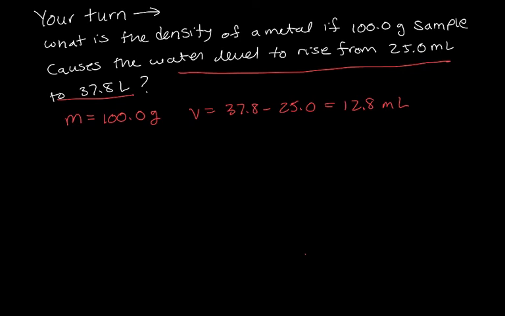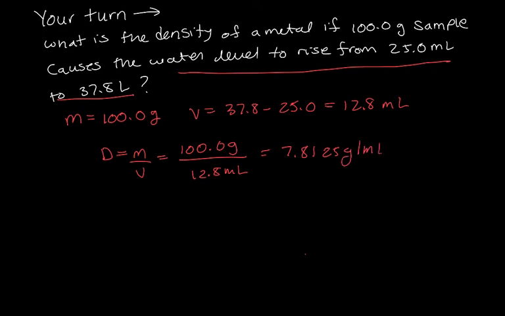Now we're ready to plug it into our density equation. Density is equal to mass over volume. So our mass is 100.0 grams, and our volume is 12.8 mL. And when we plug this into the calculator, we end up with 7.8125 grams per mL.